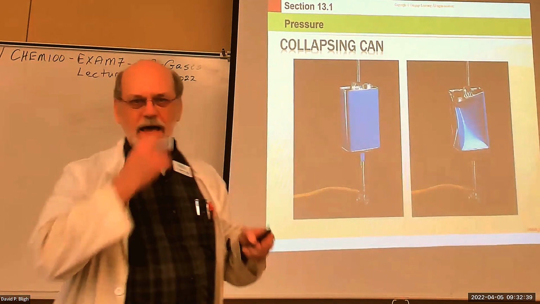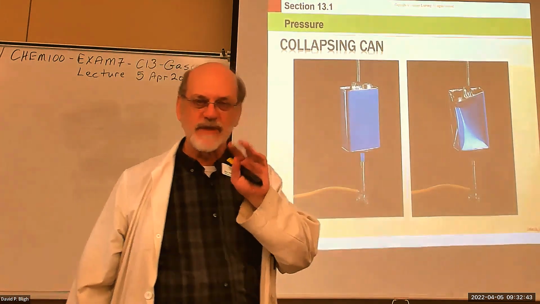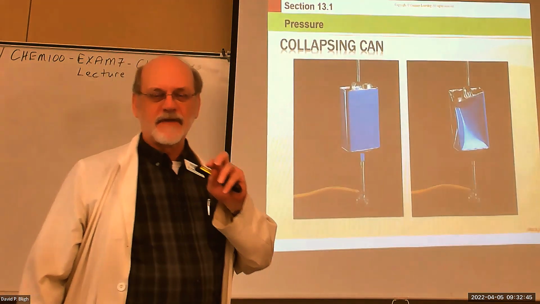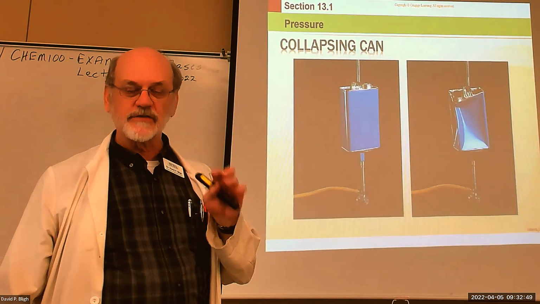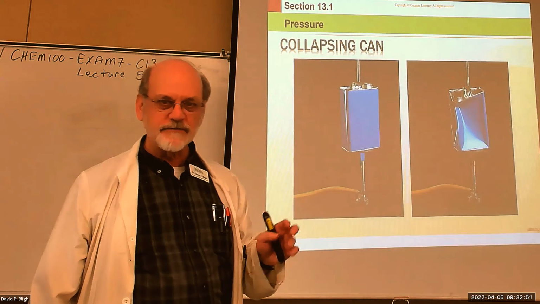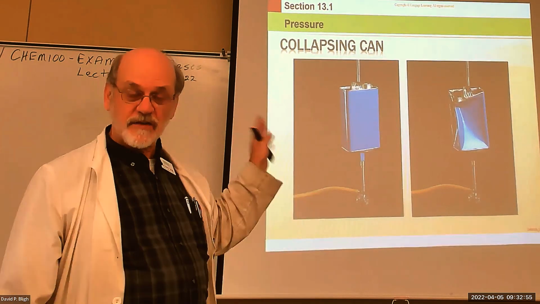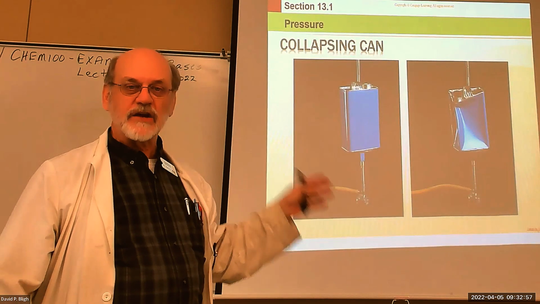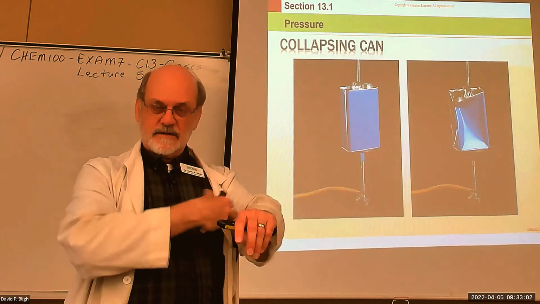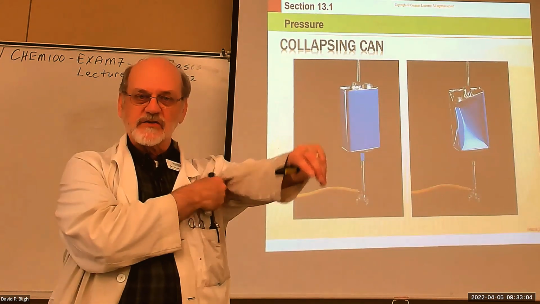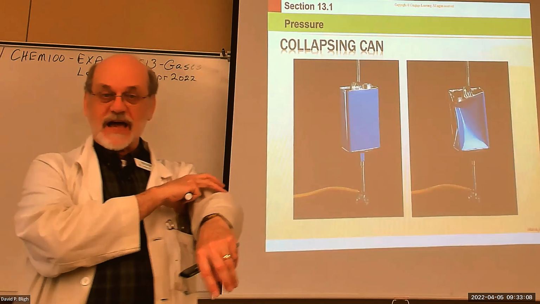Oh, before we go to this slide, there's one other pressure measuring device that anyone who's going into the medical profession is familiar with. It's called the sphygmomanometer. It's an extension of the manometer used to measure blood pressure. Right? You have a cuff that you wrap around the patient's arm, and you inflate a gas bag inside.